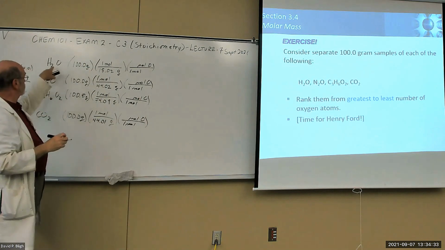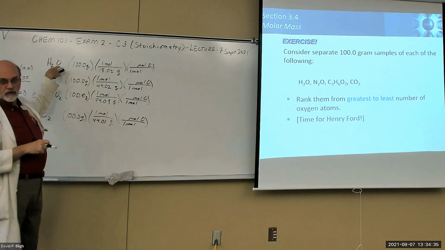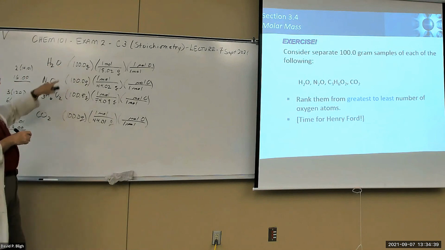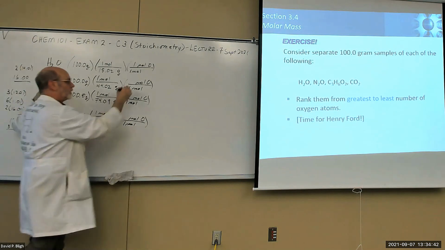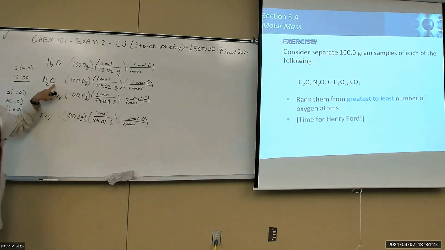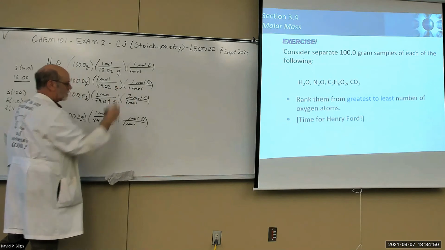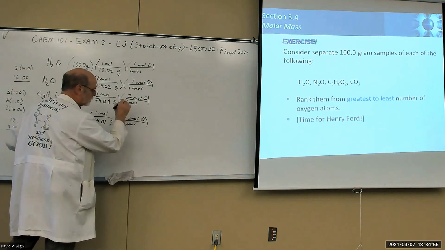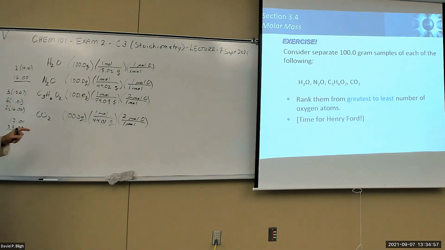Well, for this one, we've got 1 mole of oxygen for every mole. Right? 1 to 1. How about this one? Still 1 to 1. 1 mole of oxygen for every mole of the molecule. This one, you've got 2 oxygens for every mole. And this one, you have 2 oxygens for every mole. Okay?